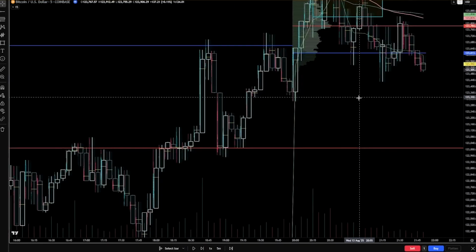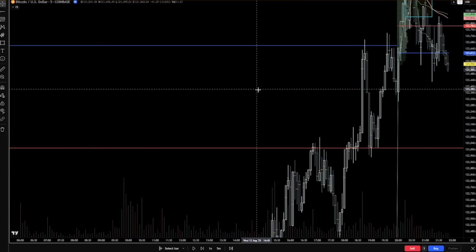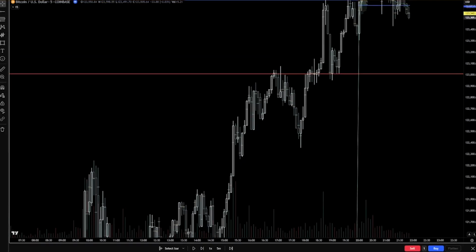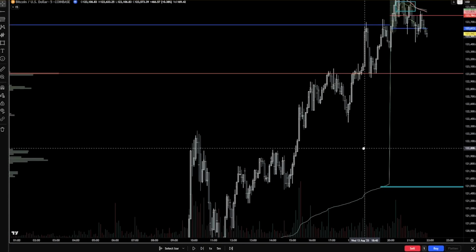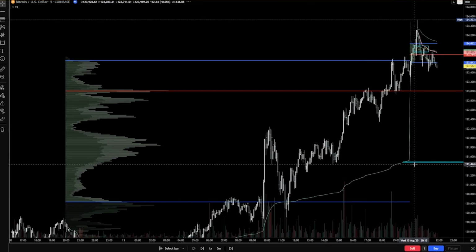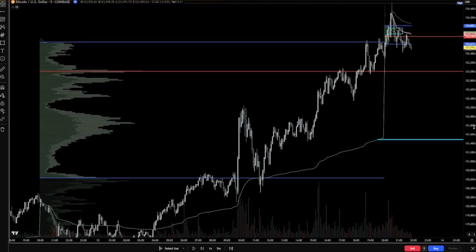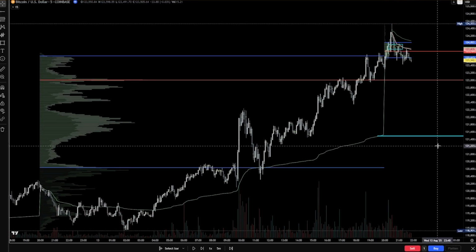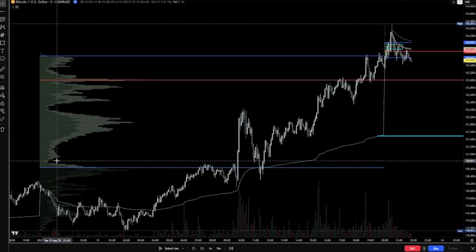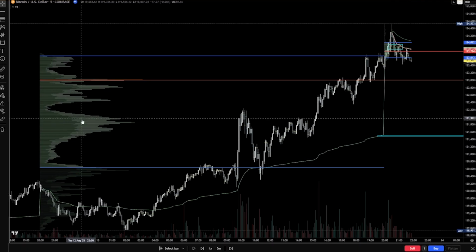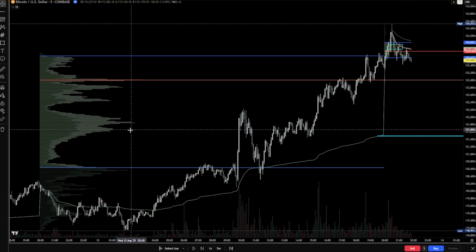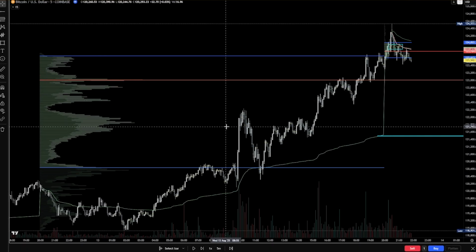What shape was the previous day profile? That's an interesting question. Ugh, I don't even want to call that a shape. So you have thin volume, that's a low volume node, low volume node. High volume node, high volume node.